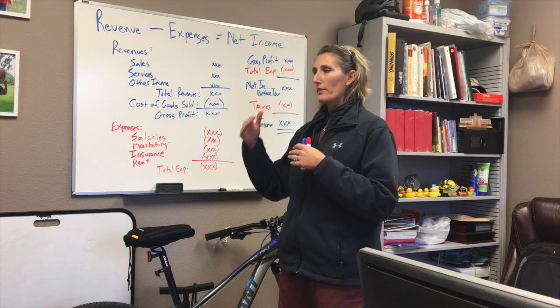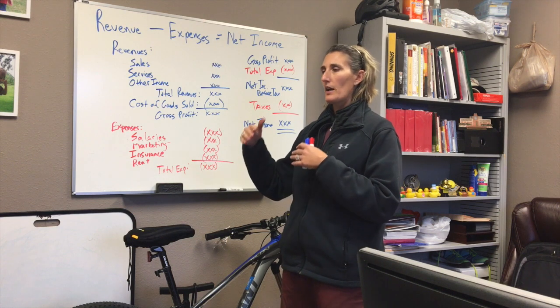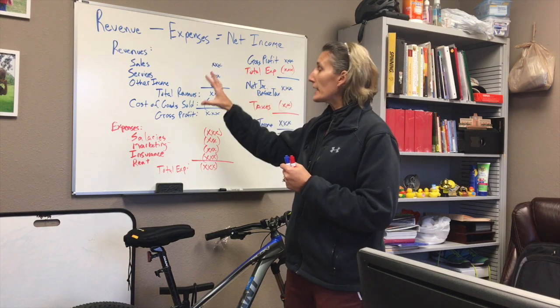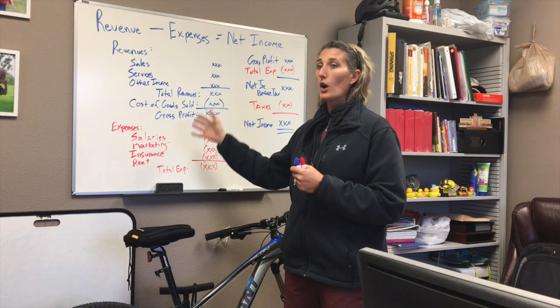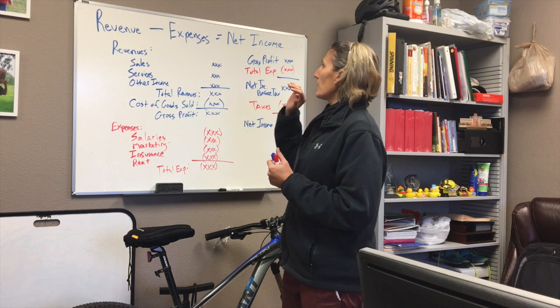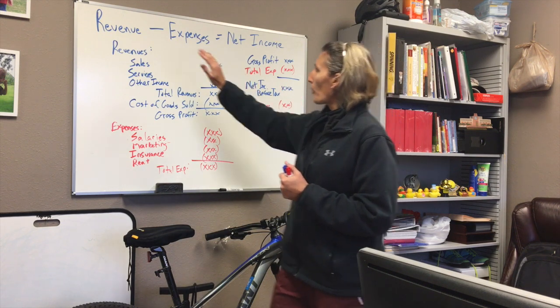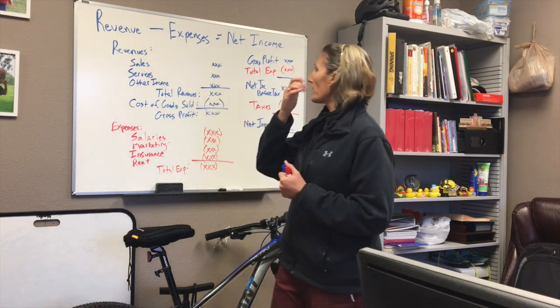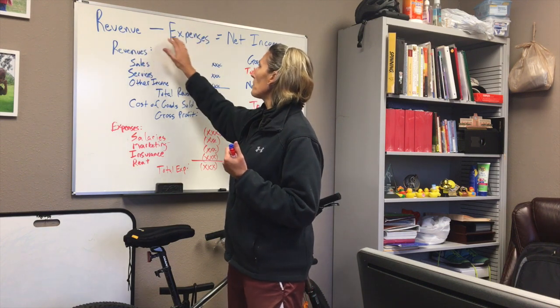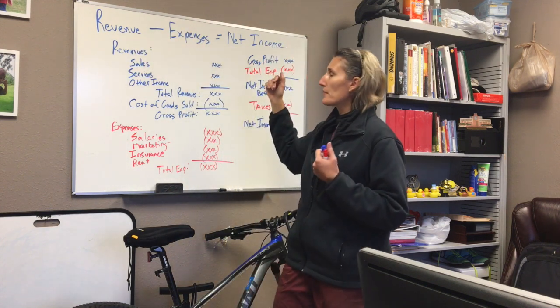So you can have a quarterly income statement, you can have a yearly income statement. In essence, it is tracking your income and your expenses over a period of time. Now, the income statement basically supports this particular accounting equation. And it's pretty intuitive. Revenue minus expenses equals net income.